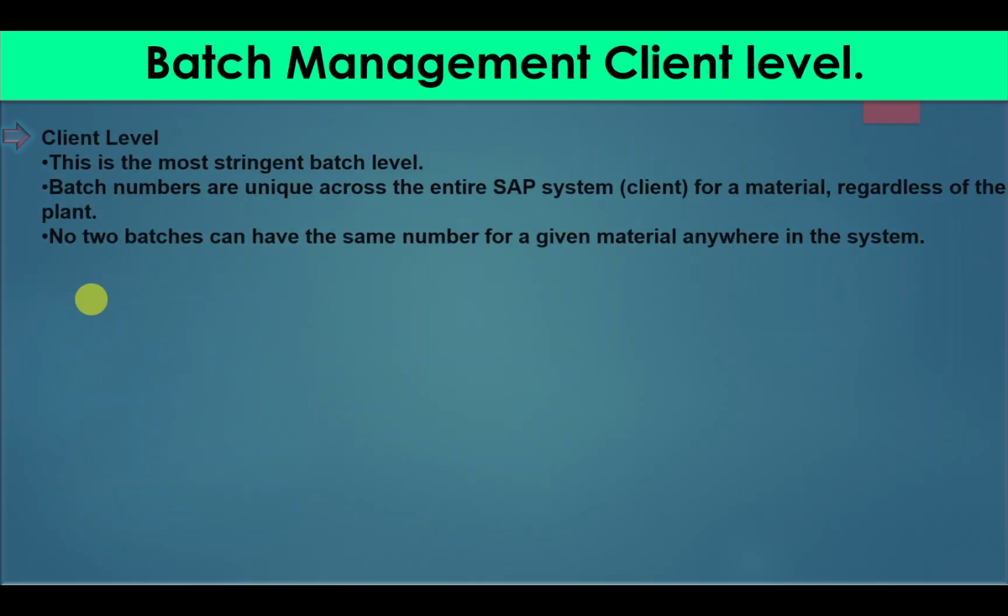Then more restricted, or I would say more compliance or stricter, batch level is the client level, because batch numbers are unique across the entire client, that is nothing but your system, for a material regardless of the plant. So no two batches can have the same number for a given material anywhere in the system.